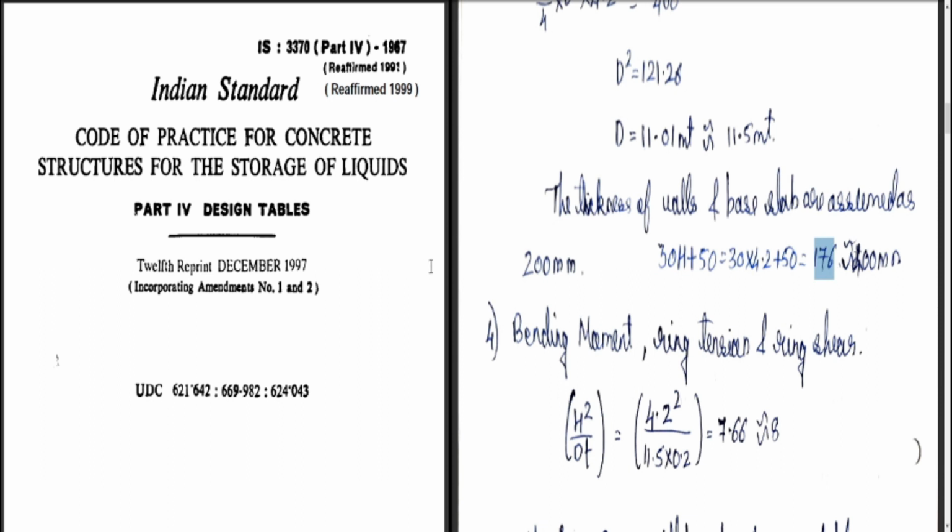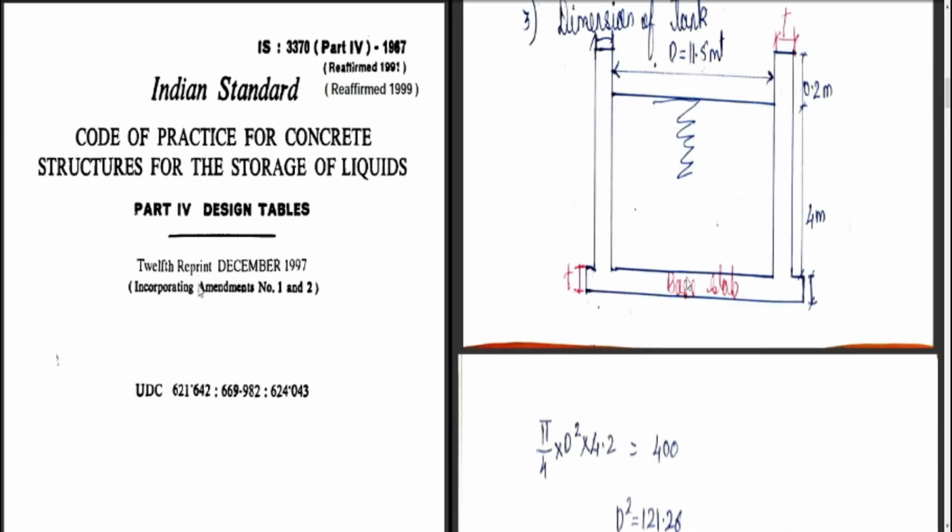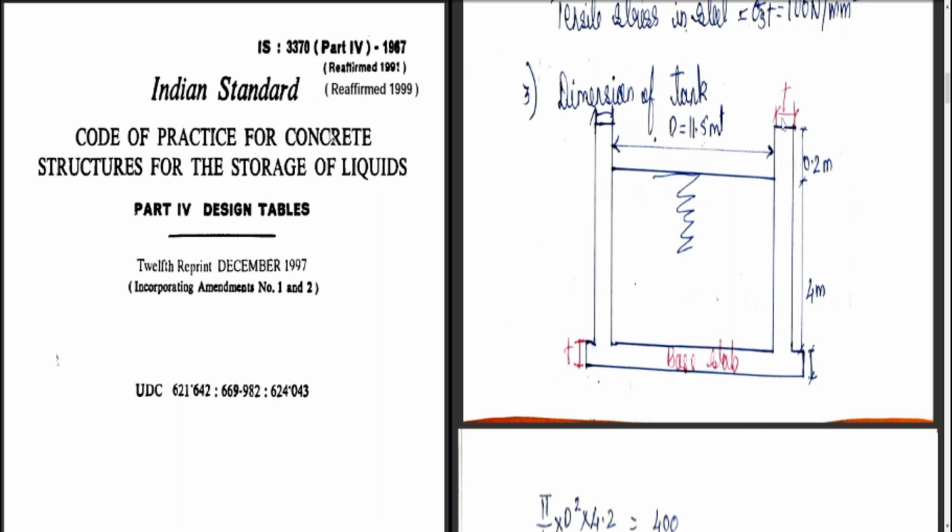So I have rounded it off to 200 mm. So we have taken the thickness of tank wall and base slab as 200 mm. So the assumption is this, and this is how it has to be found out. The tank wall thickness is 200 mm as well as the base slab thickness is 200 mm.